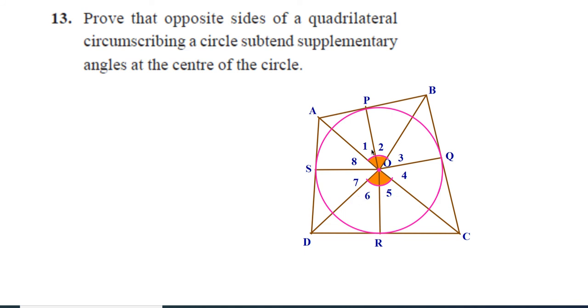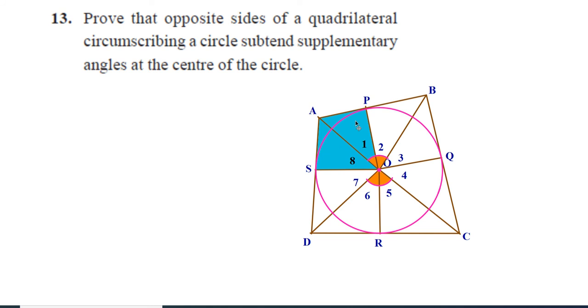Now to prove that, let us take two triangles, triangle APO and triangle ASO. You can prove these two triangles are congruent. OP is equal to OS, radii, OA is equal to OA, common, AP is equal to AS, tangents from the point A. So by SSS congruency, these two triangles are congruent.